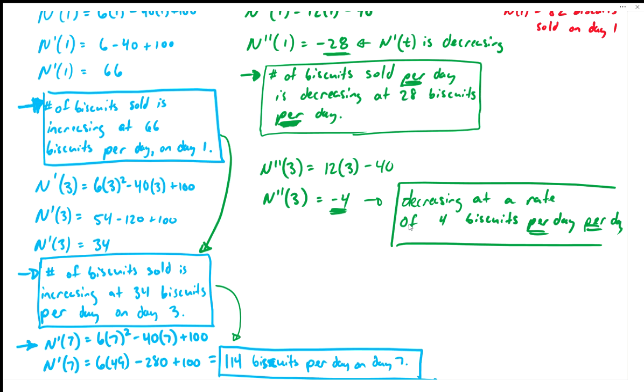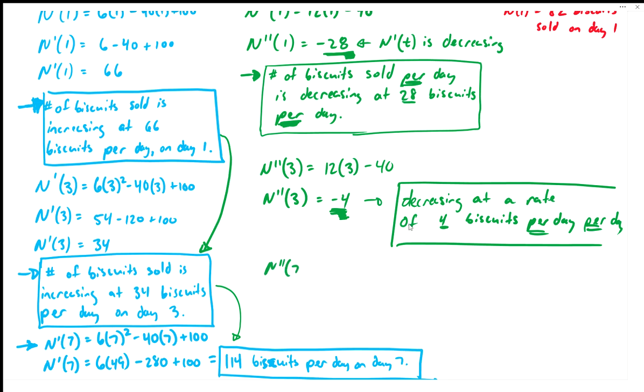Now, I don't think it would predict it that much, but it's just trying to say that the change in sales of these biscuits is looking better now than it was back then. So that negative 4, decreasing, but the rate, that 4, isn't as bad as 28 for a decrease.